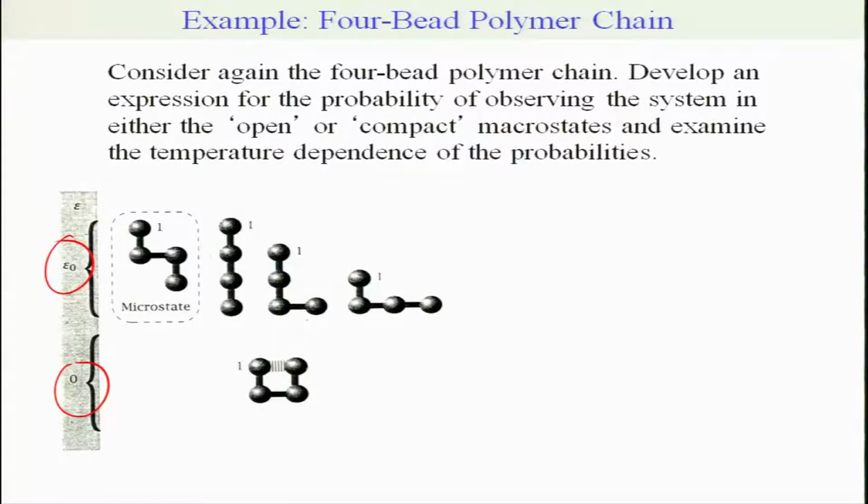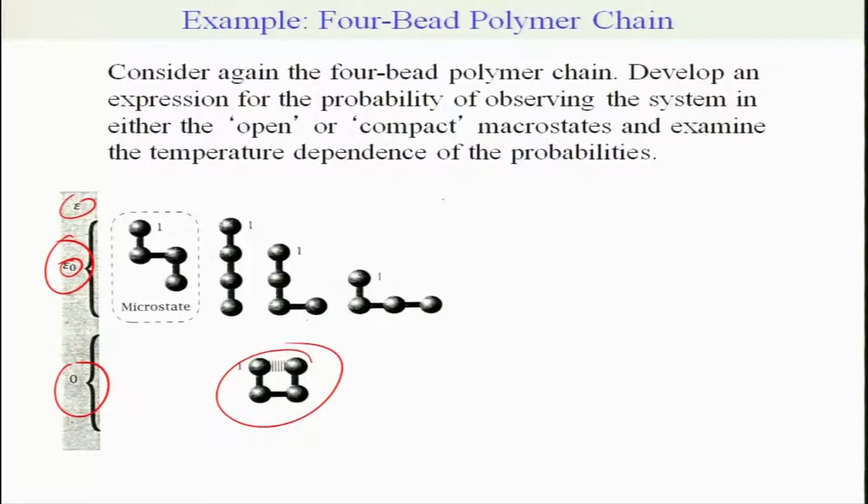In the closed case, you have one conformation. In the open macrostate, we have 4 possible conformations having the same energy epsilon 0, and the other one we are considering to be 0 as the ground state. Now, what we have to find is the probabilities here.